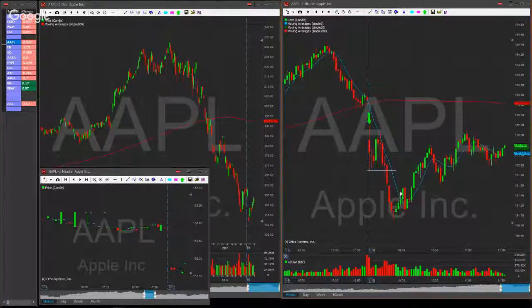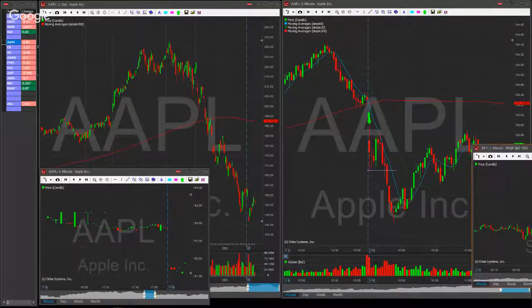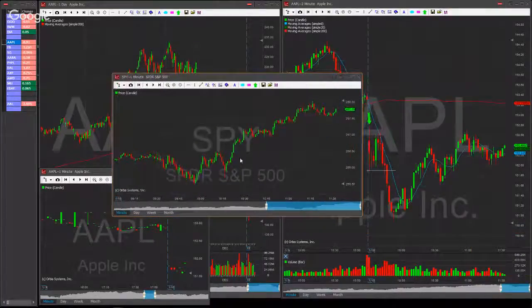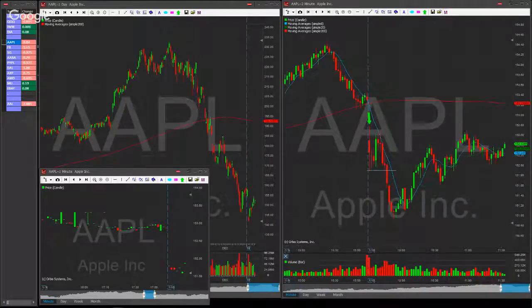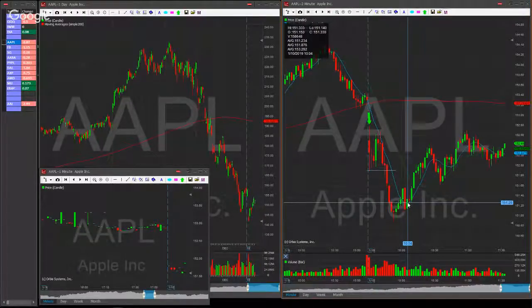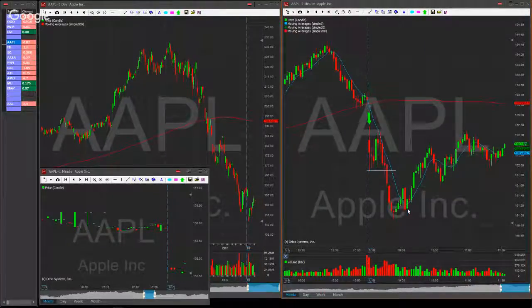So I said to the room, I'm not interested in adding into this at this point. At the same time, Spider rallies off of the bottom here and started hitting the highs of the session, and Apple thankfully dropped. After this drop and pop, I set my stop right above this candle and grabbed a few pennies of profit.